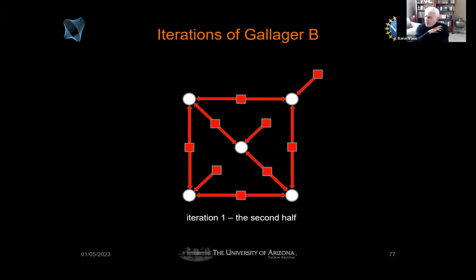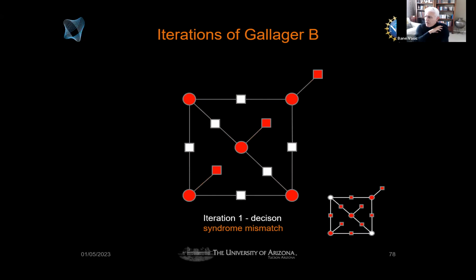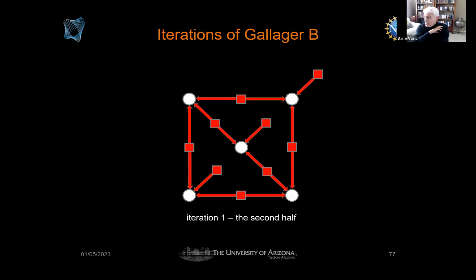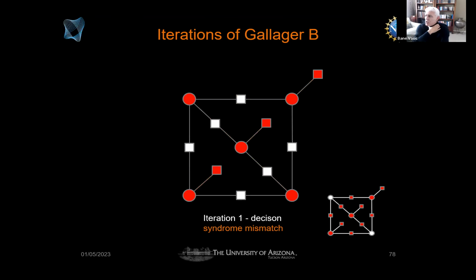So now all variable nodes can make a decision. Decision is based on majority of all incoming messages, but all incoming messages are 1, as you can see, red. So decisions are made to be 1. So all these bits are considered to be 1.